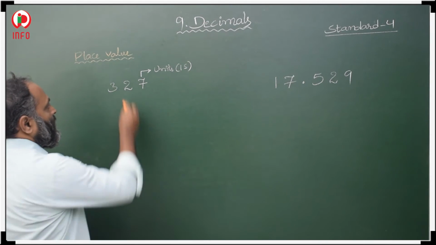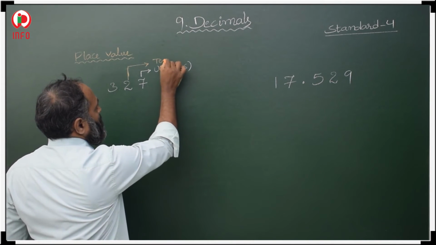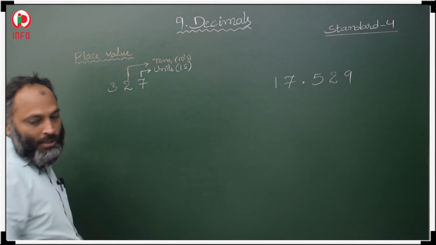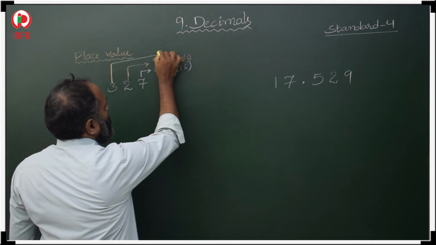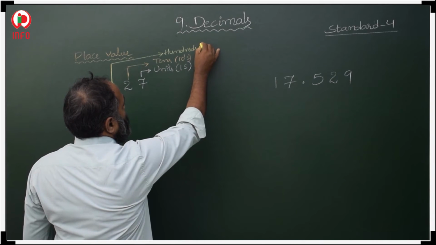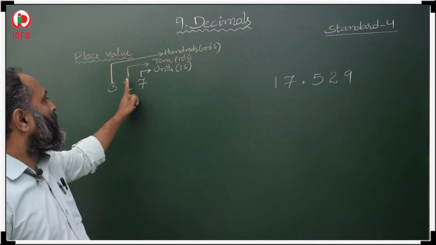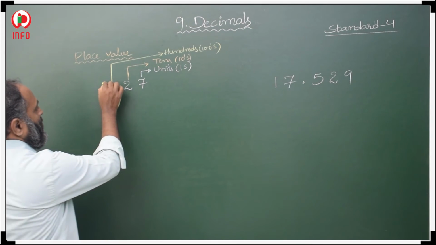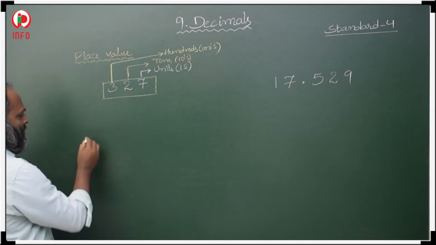Then after that 2 is in tens place, and after that 3 is in hundreds place. 3 in hundreds place, 2 in tens place, 7 in ones place. Okay. So, what is this number? How to read this number? 327.